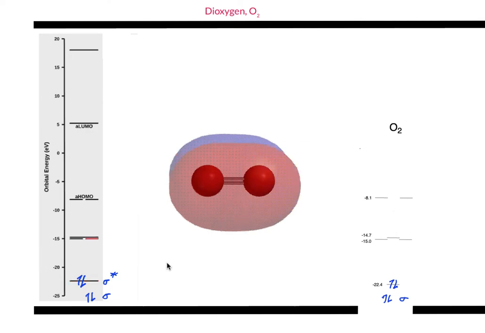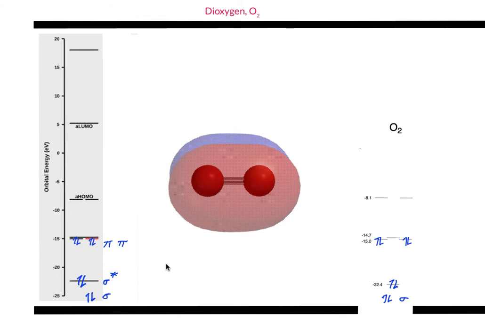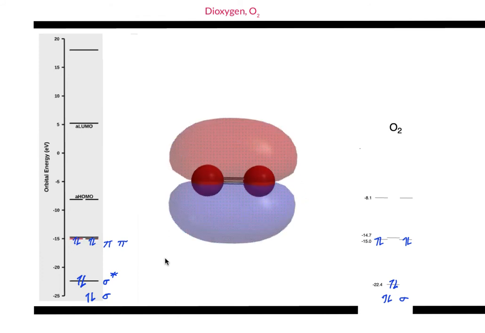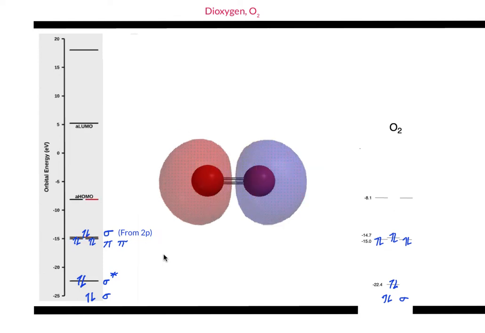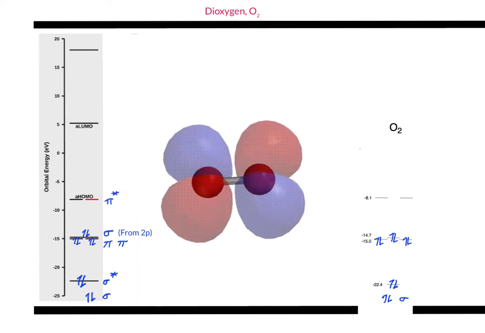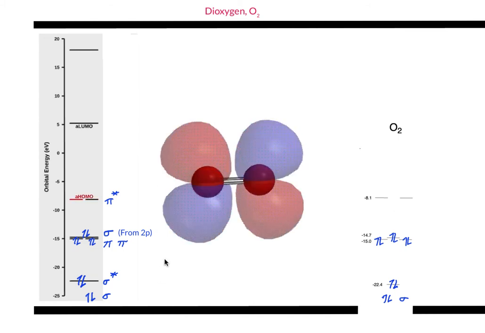Then there are 3 orbitals with similar energies, 2 pi orbitals, both at minus 15 electron volts. Then at minus 14.7 is a sigma molecular orbital. There are 2 more orbitals that are marked as HOMO, which are pi star orbitals at minus 8.1 electron volts.